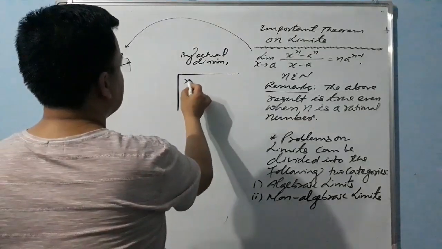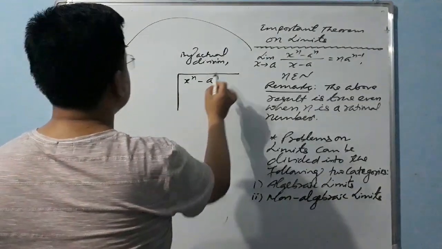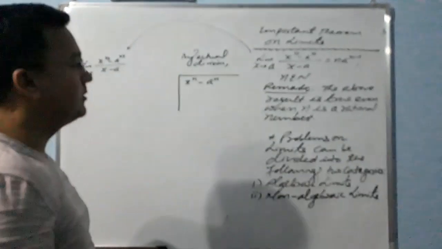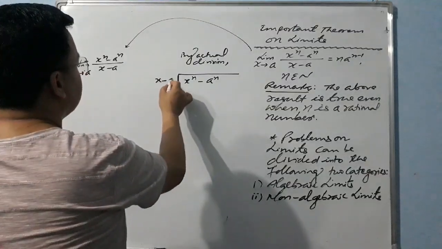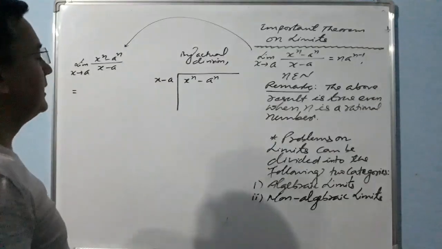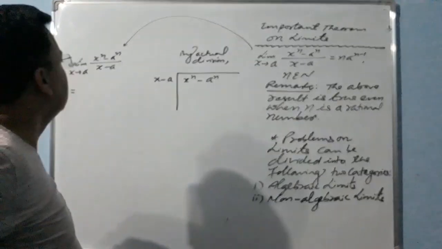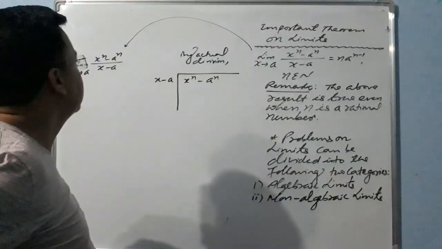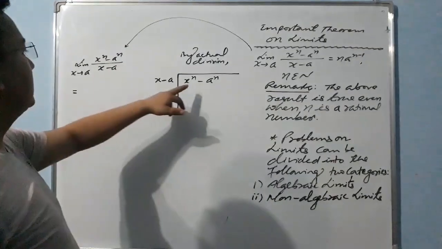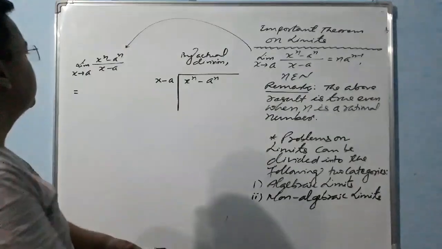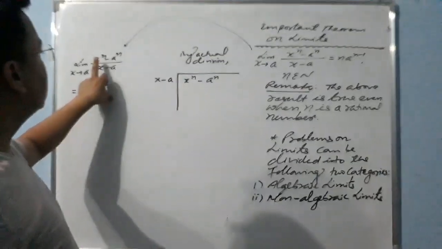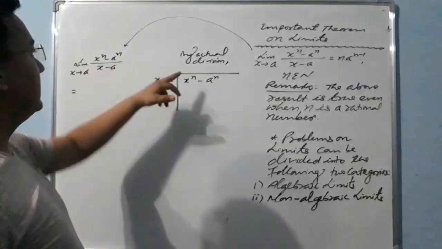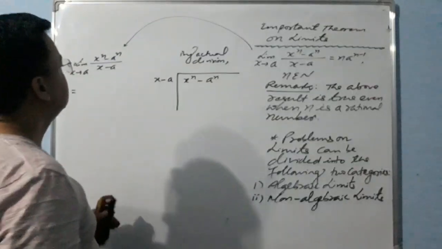Here we have x raised to power n minus a raised to power n. Here you can also learn how to divide an algebraic expression. So now I'm going to divide by actual division.